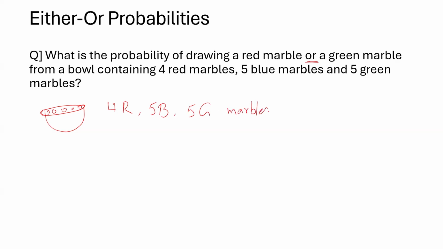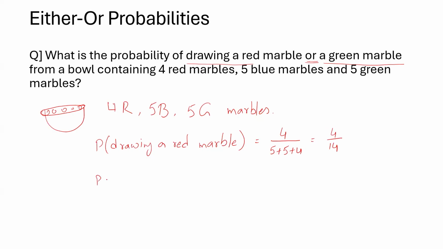What is the probability of drawing a red marble or a green marble? First, the probability of drawing a red marble. How many red marbles are there? You have 4 red marbles. And how many total marbles are there? 5 plus 5 plus 4. So it is 4 upon 14.